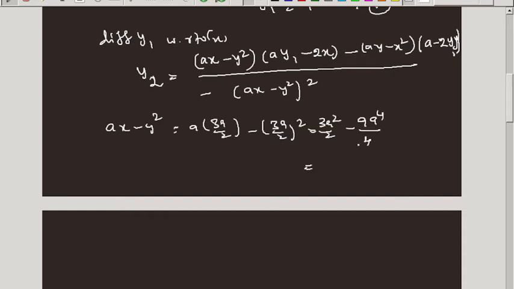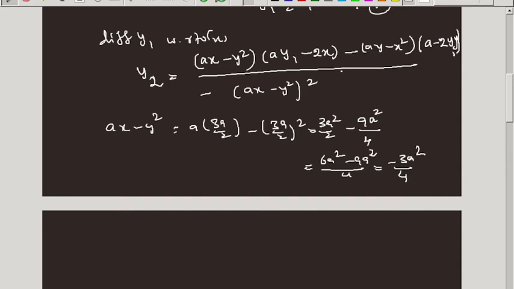If we take the LCM, we get 6a square minus 9a power 4 dividing by 4, which is minus 3a square by 4.